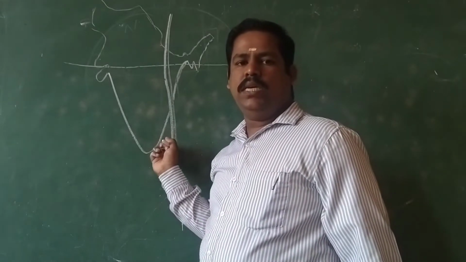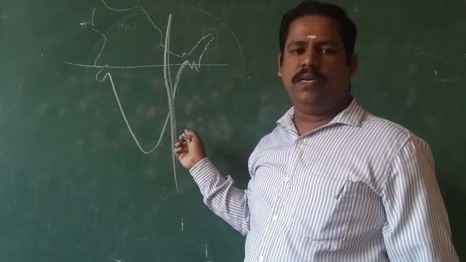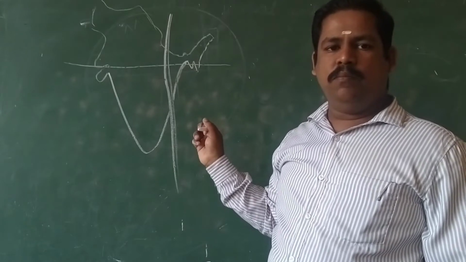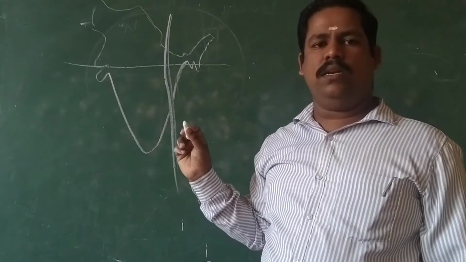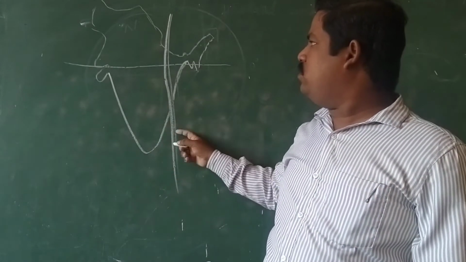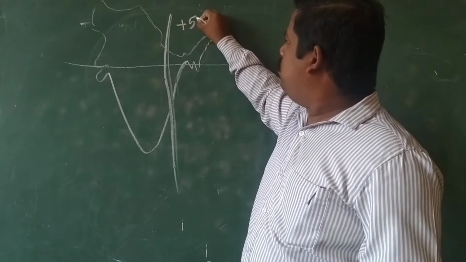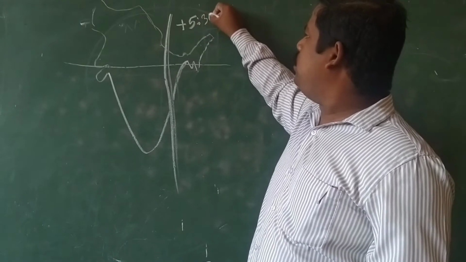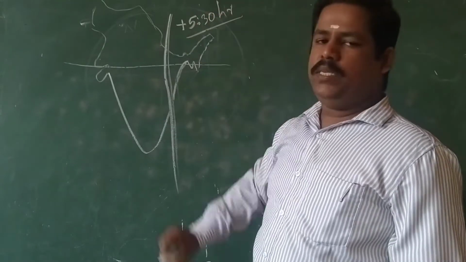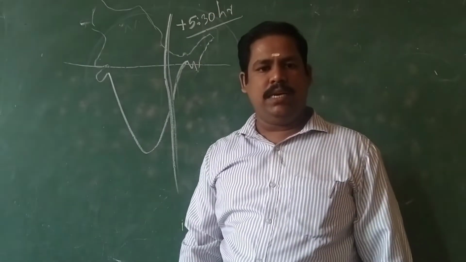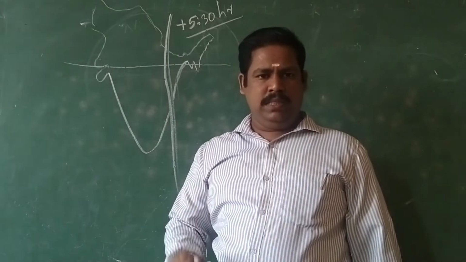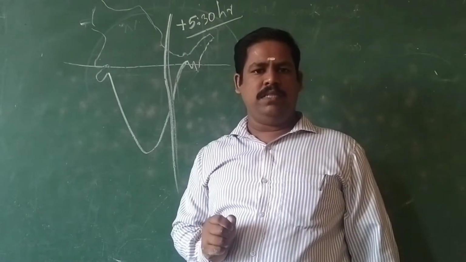This longitude is taken as the standard meridian of India, and the standard time of India is calculated based on it, so that Indian Standard Time is 5 hours 30 minutes ahead of Greenwich Mean Time.